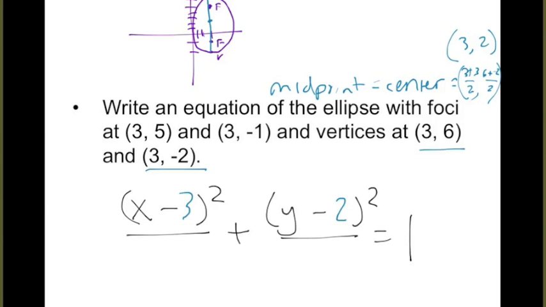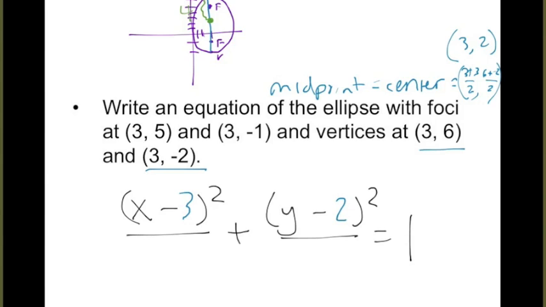Then, in my picture, I can measure from the center to the vertex. And if this is at 3, 2, and the vertex is at 3, 6, how far is it from the center to the vertex? 4. If it's going from 2 to 6, there's a distance of 4 there.